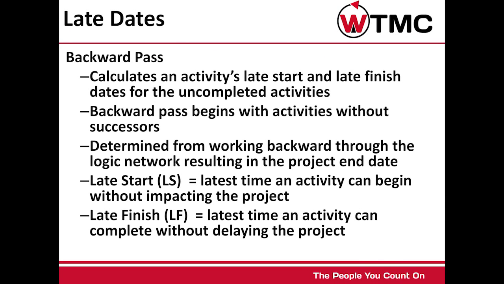Backward pass calculates an activity's late start and late finish dates for the uncompleted activities. Backward pass begins with activities without successors. It is determined from working backward through the logic network, resulting in the project end date.